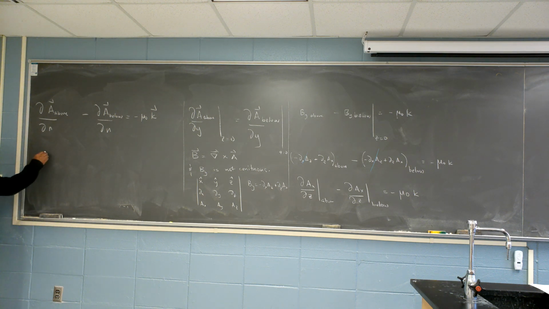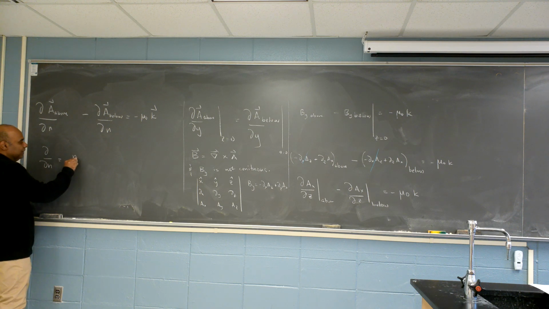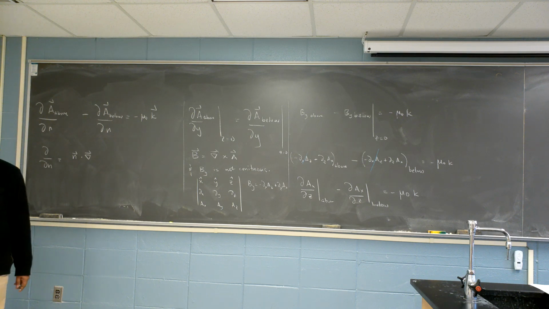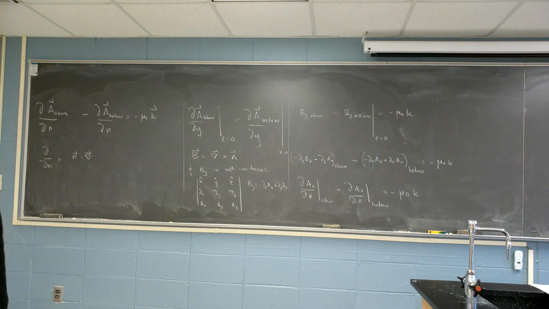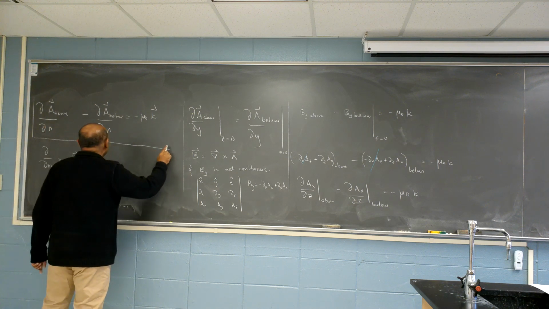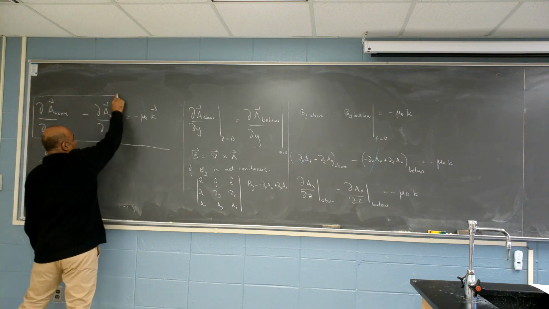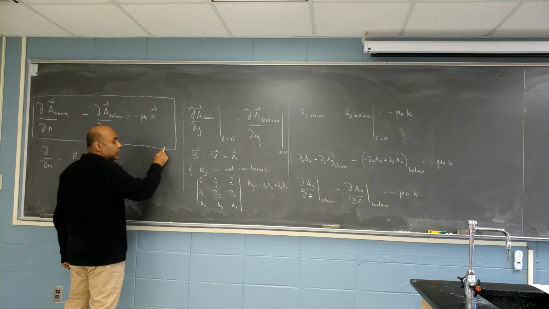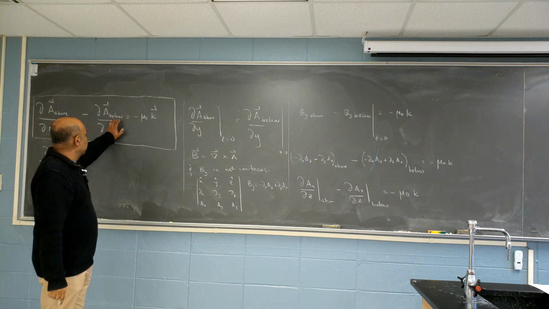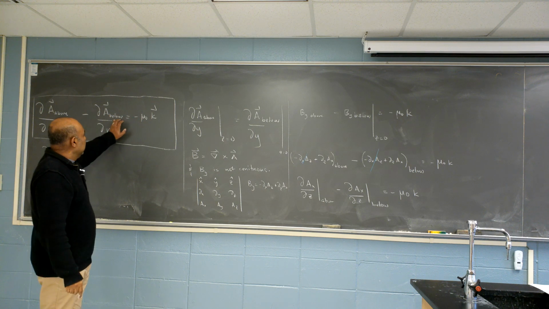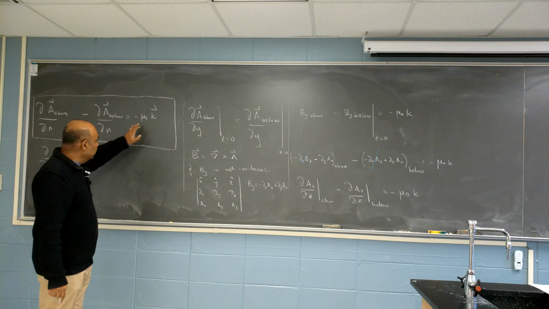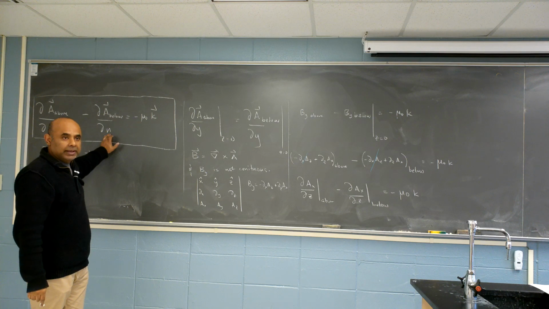And by normal direction, what do we mean? It always means the same thing. It's the normal vector dotted with a gradient. So A is continuous, but the derivative of A in the normal direction suffers a discontinuity. It suffers a discontinuity in the direction of the current, but the derivative is normal to the plane.